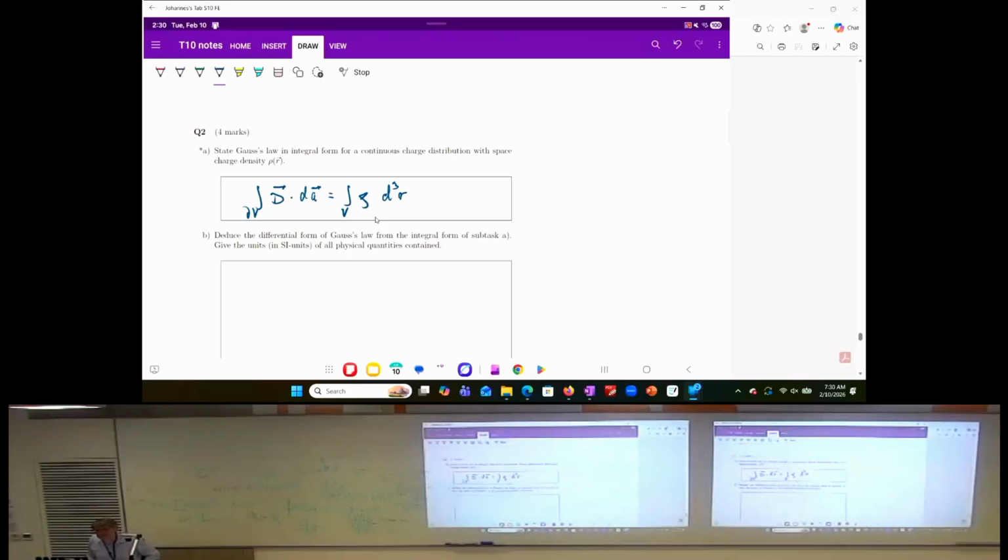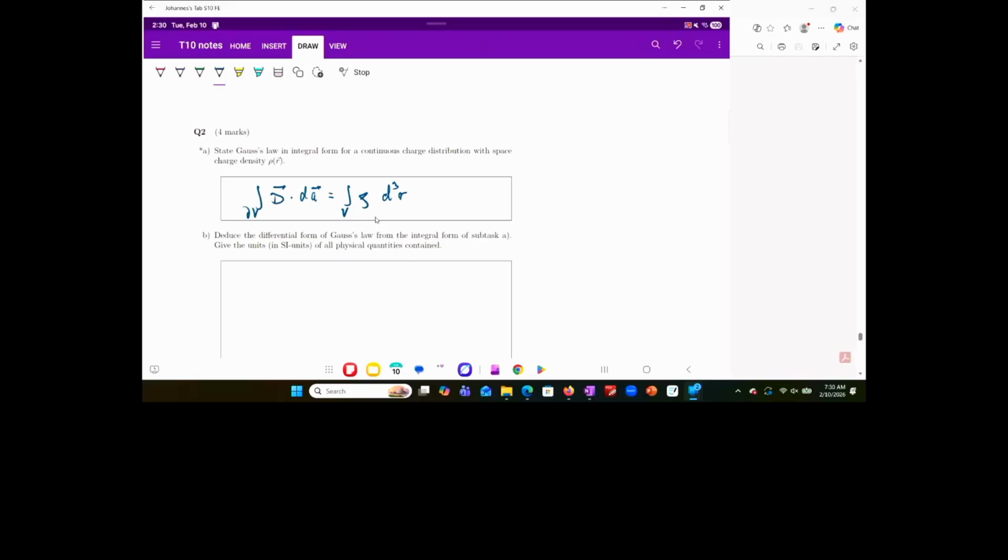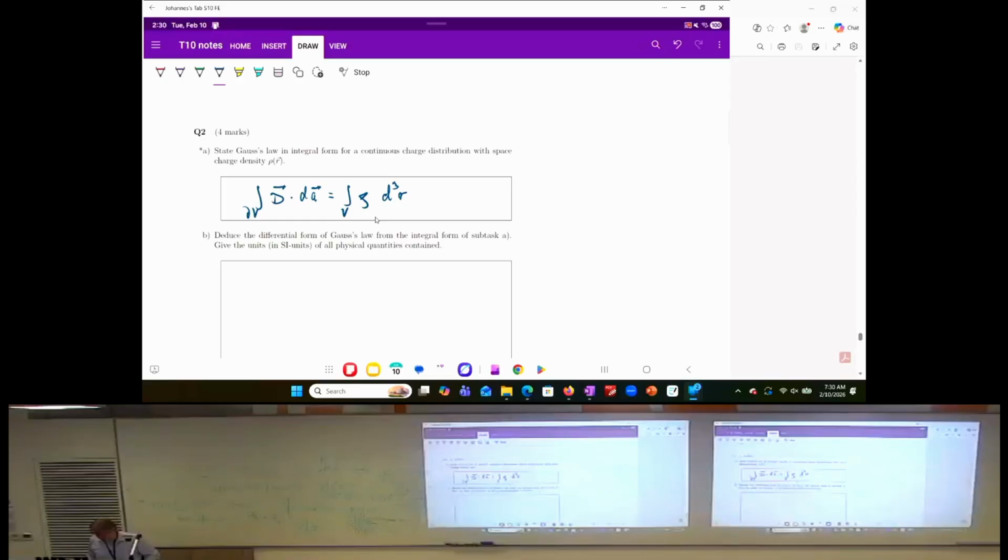You could potentially express it in a different way, but here you have to give it in integral form. I think you have those also on your formula sheets. Gauss's law, you have it in integral and in differential form.